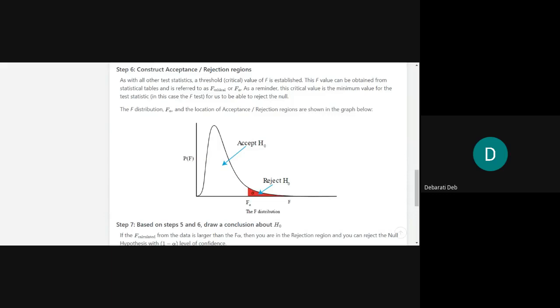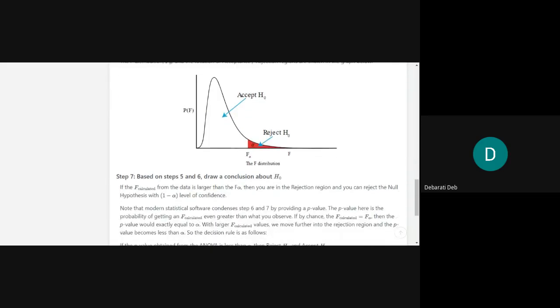Now this F distribution or F alpha and the location of the acceptance or rejection region are shown in the graph below. See this graph? In this graph, this is where the red area is starting. Up to this point you can accept the null hypothesis.